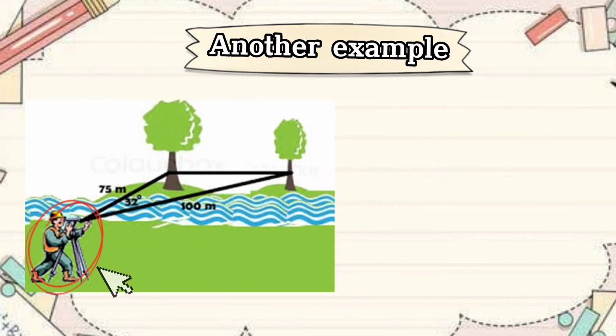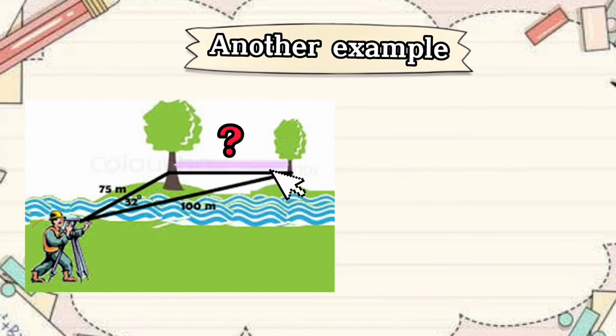So, ito yung surveyor and the angle to the trees is 32 degrees. And yung distance from saan siya nakatayo at sa tall tree is 75 meters. So, ito. At yung distance ng surveyor sa small tree natin is 100 meters. And yung hinahanap natin is this side.